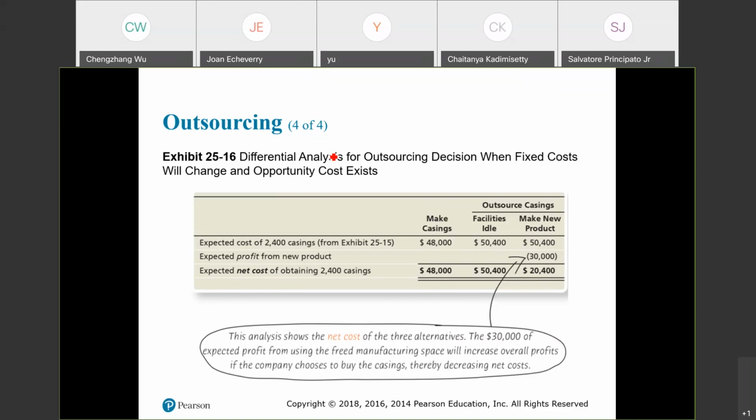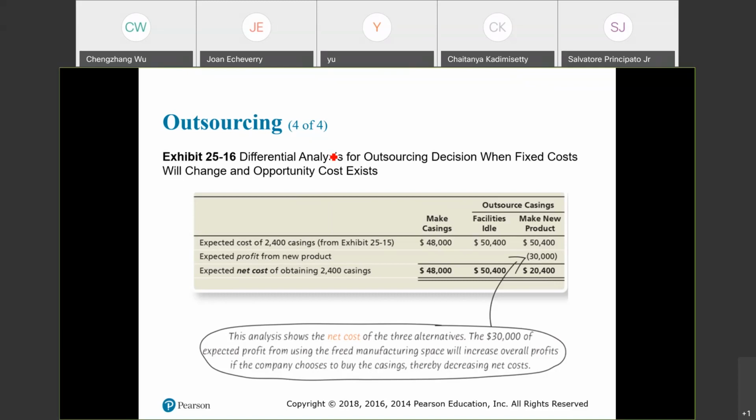But the last option is the least profitable option, because when you make a new product, the expected value from the new product is negative, because the net profit is negative.